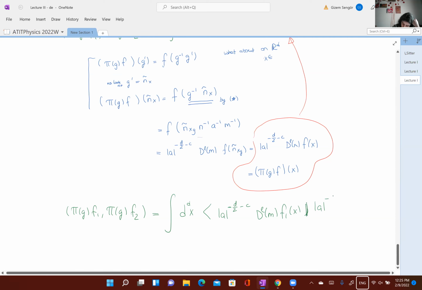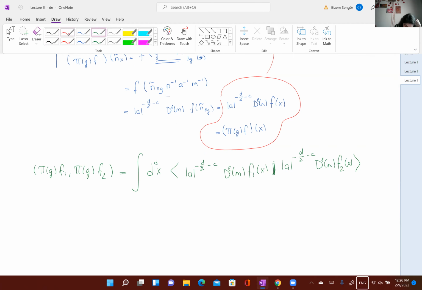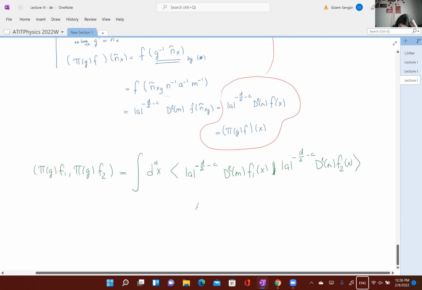Okay, maybe I will put a bar instead of two commas so that it's more apparent. f2 x. Now, we said that an operator on the first entry moves to be an operator on the second entry by its adjoint. So using this, we can just keep moving these operators on the bra towards the ket.